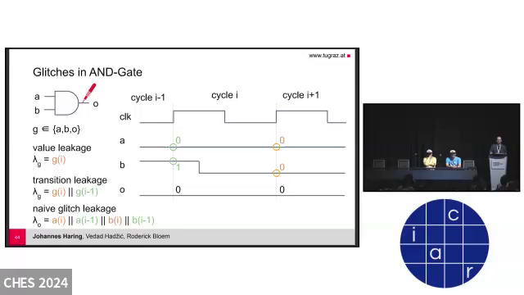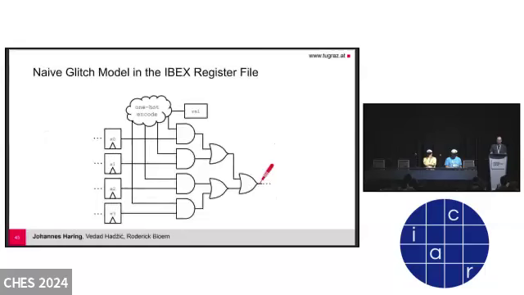In a different example here, if A would have stayed 0 and did not transition during the cycle, we would still leak 1 and 0 because our model is just over-exaggerating the actual leakage.